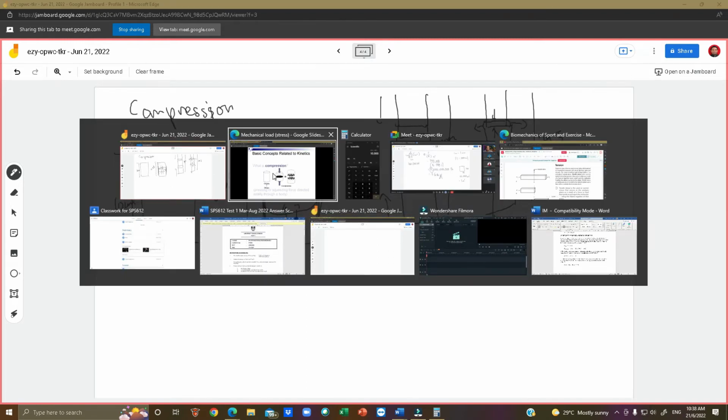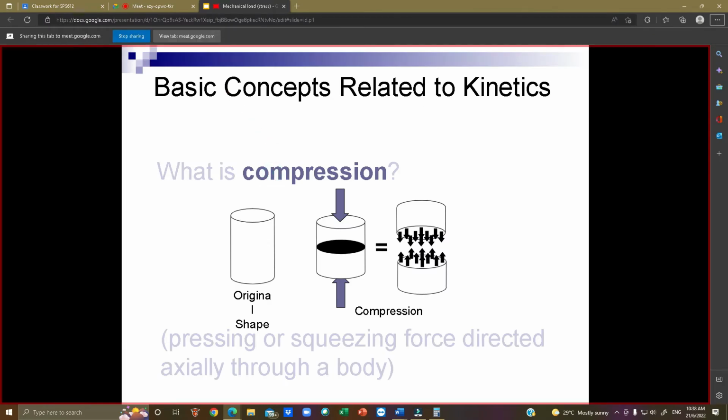Okay, so how we want to measure how much compression occurs at every single part of this disc is by using sigma tadi. Sama je. So how much force, how much area involved. So compression is a pressing or squeezing force directed axially through a body. Jadi weight cause compression.